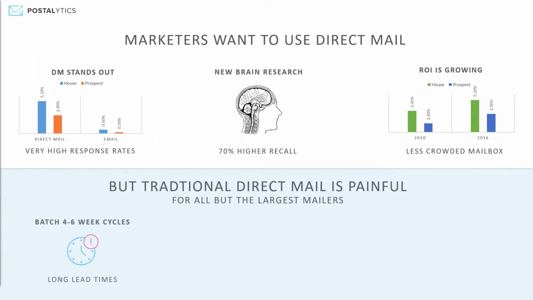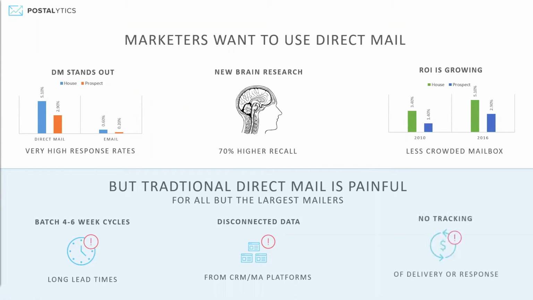And so having batch cycles that last 4 to 6 weeks just to get a piece of mail delivered is just too long for most folks. The fact that it's an entirely offline process that has no connection to the CRM or marketing automation platforms that everybody's investing in is another huge problem.